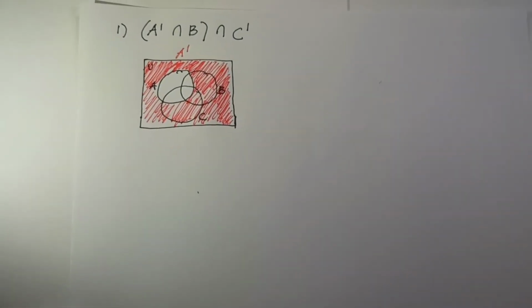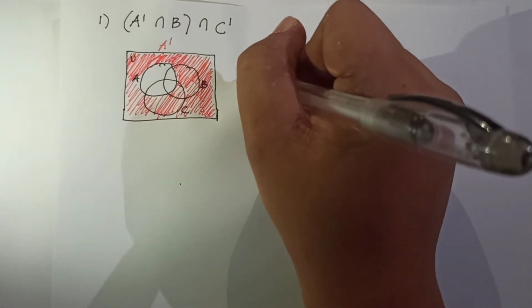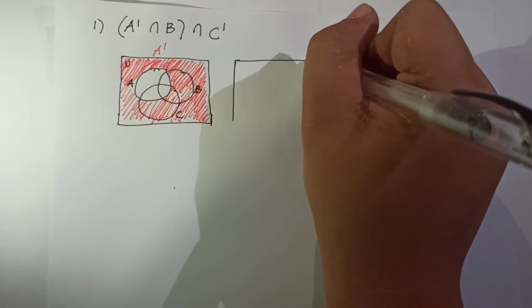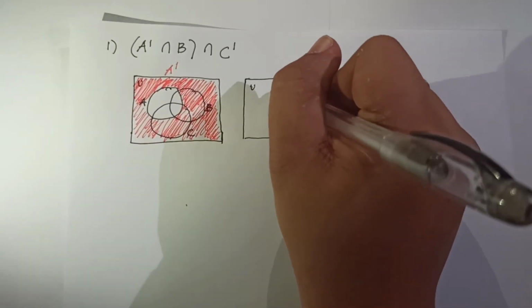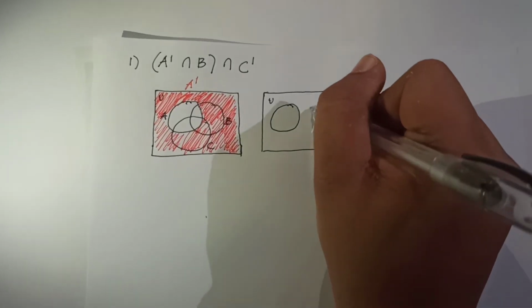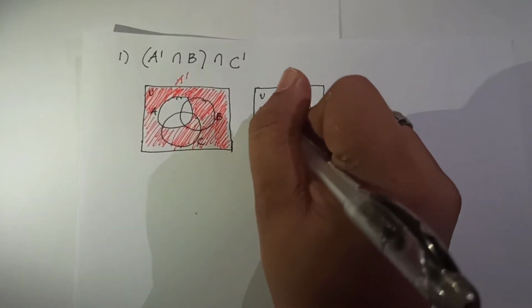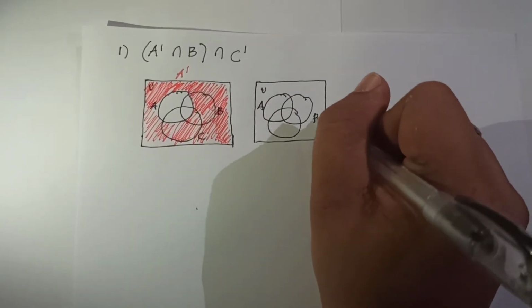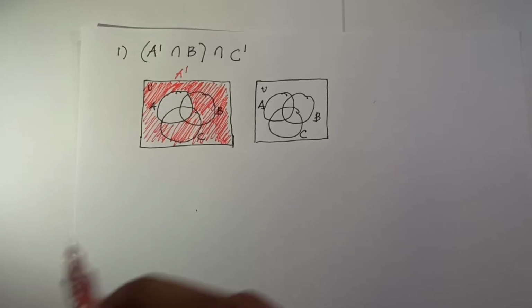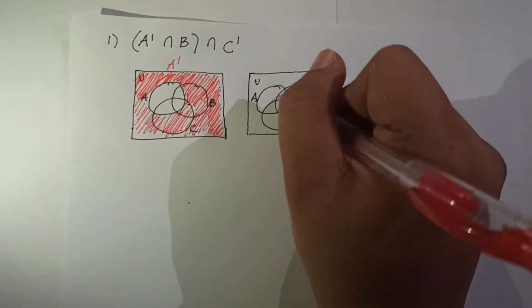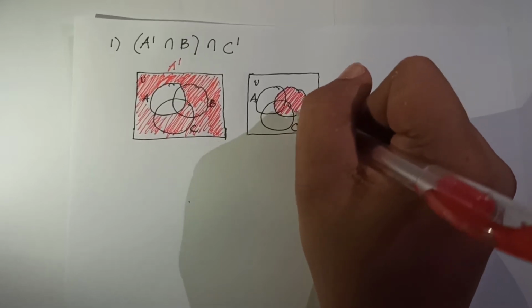Next step, we are going to have B. This is our A, this is our B, and this is our C. We are going to shade B only.